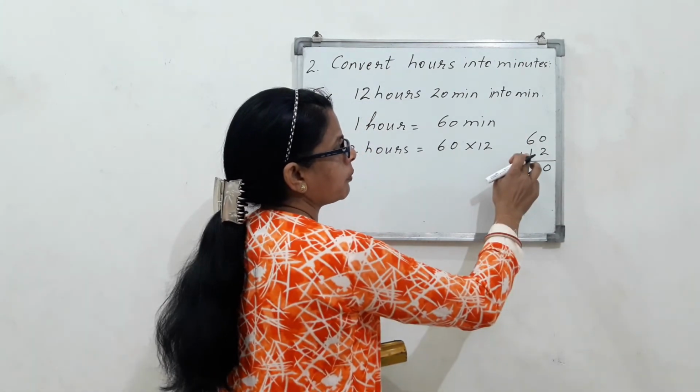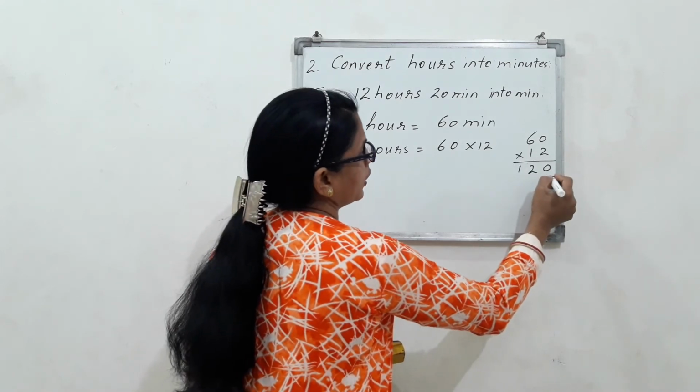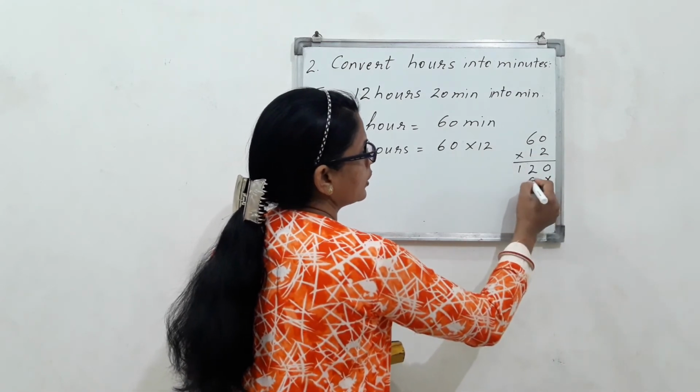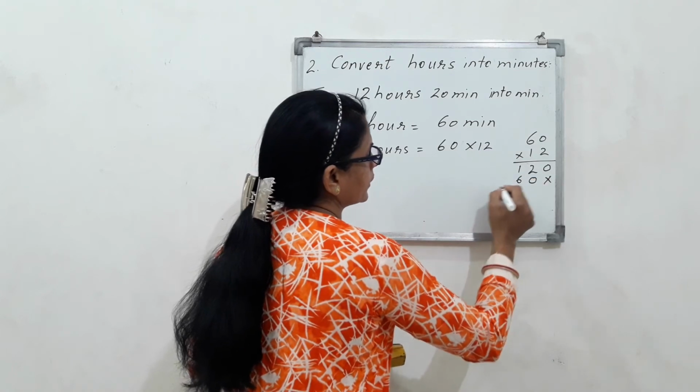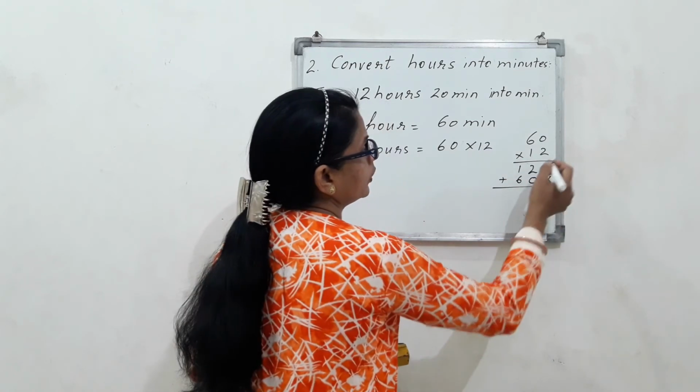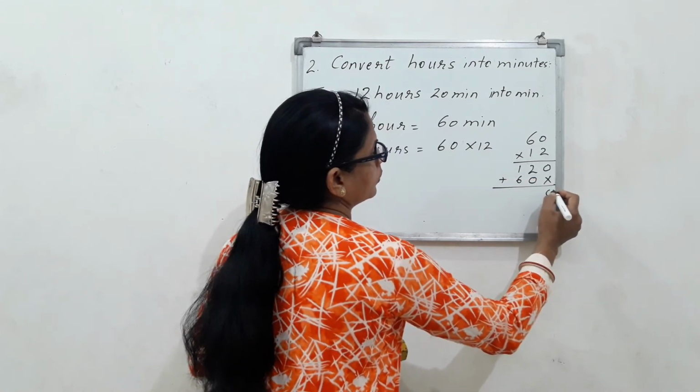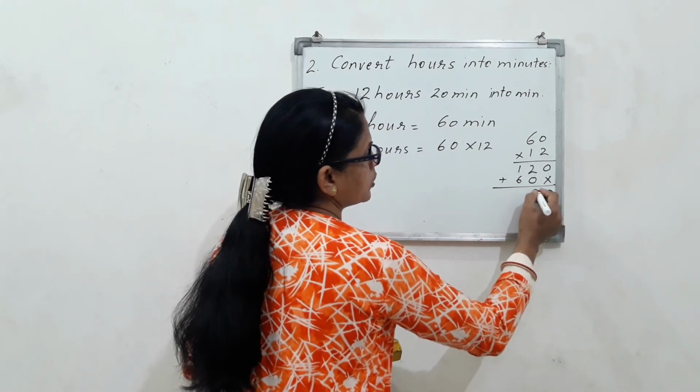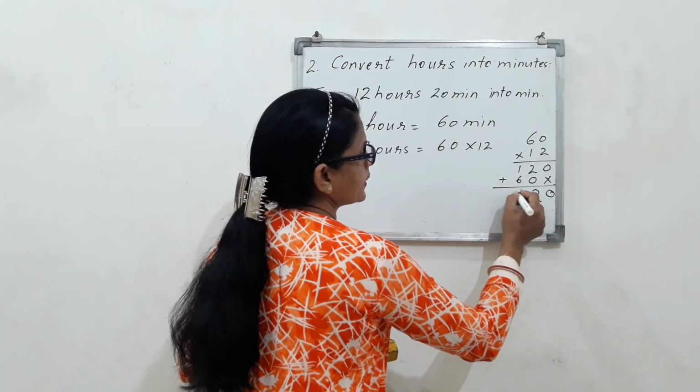Now we have to multiply by the second number. So we'll put a cross. 1 zeros are 0. 1 6 is 6. Now we'll add them. 0. 2 plus 0 is 2. 1 plus 6 is 7.